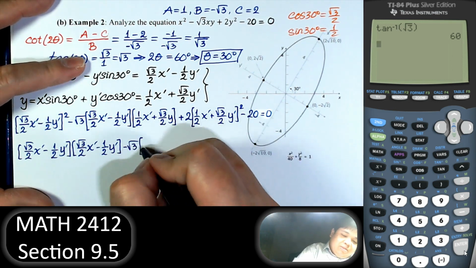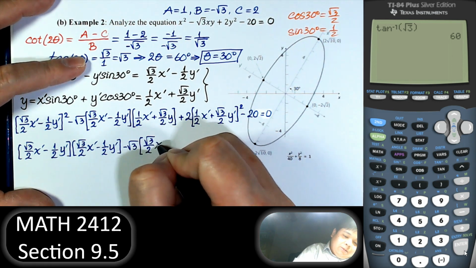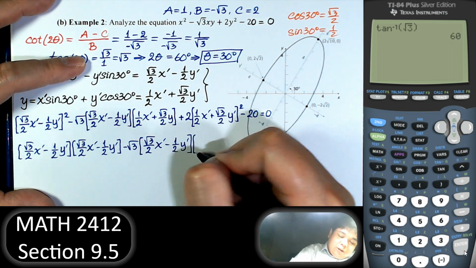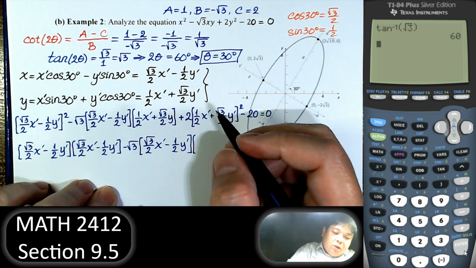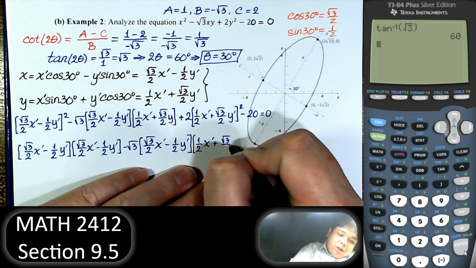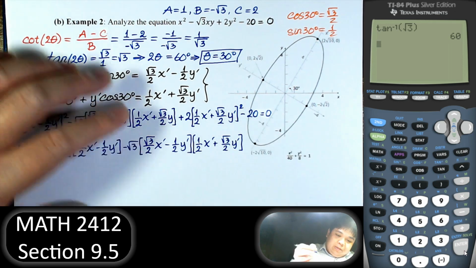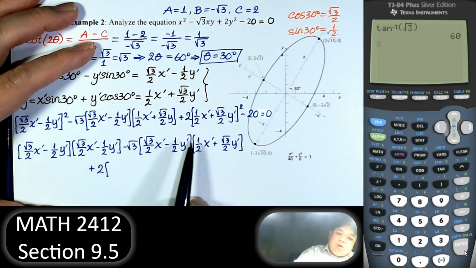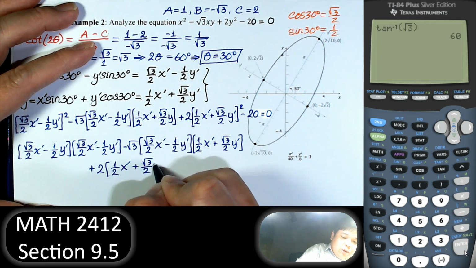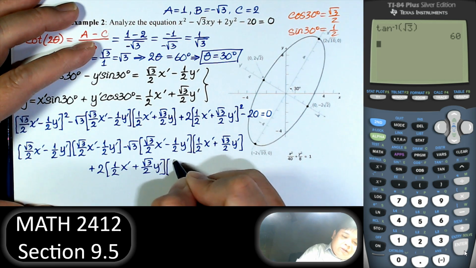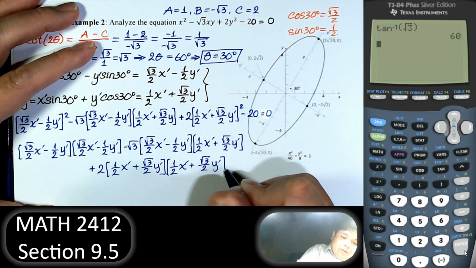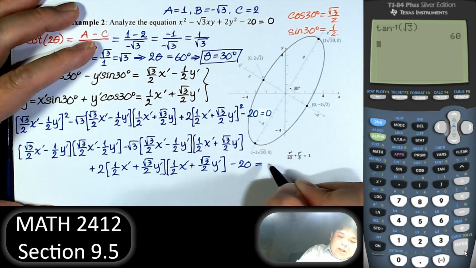I just copy that: square root of 3 over 2 x prime minus 1/2 y prime, and then 1/2 x prime plus square root of 3 over 2 y prime, and then plus 2 times 1/2 x prime plus square root of 3 over 2 y prime multiplied by itself, minus 20 equal to 0.